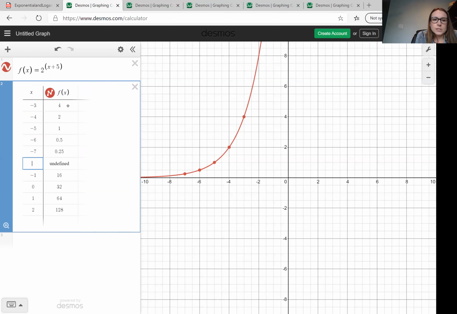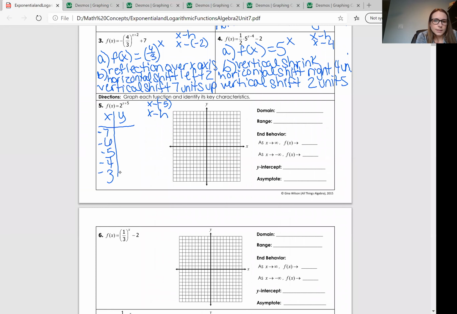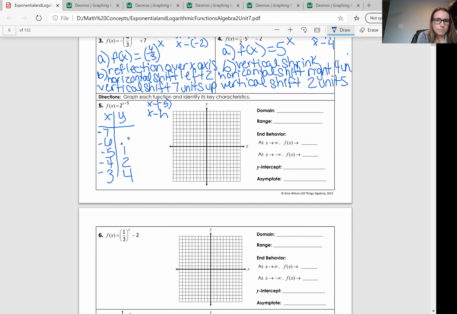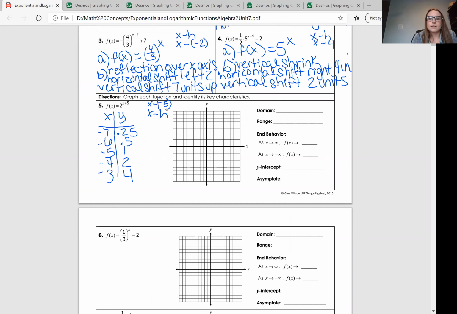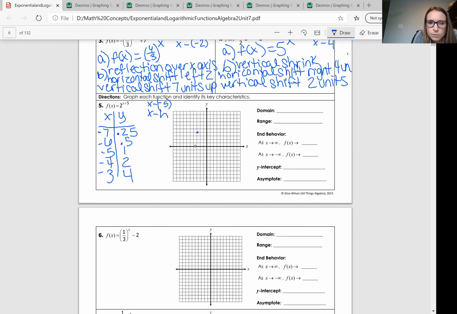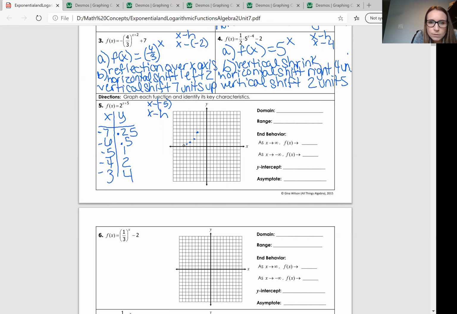Here are the numbers that we want to plot: negative 3, 4; negative 4, 2; negative 5, 1; negative 6, 1/2; and negative 7, 1/4. Those are the values that I want to plot over here.